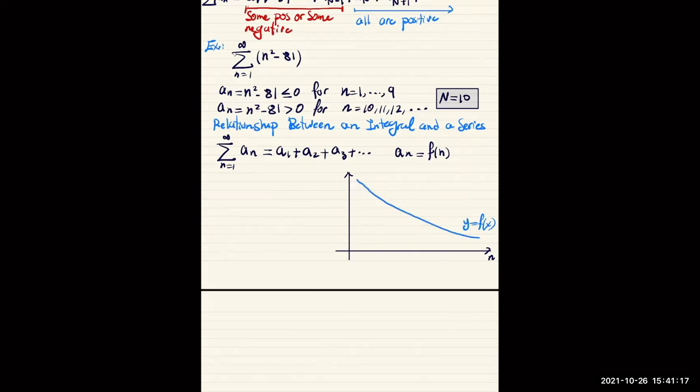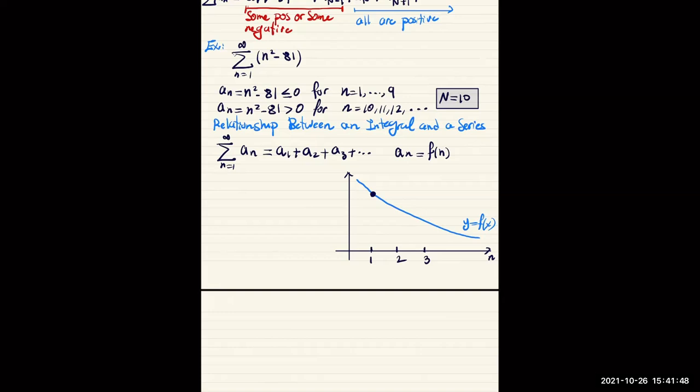Okay. Now, if I plot the terms of the sequence, here is 1, here is 2, 3, and so on. A sub 1 is just a point. Remember that the graph of a sequence is discrete. It's just a bunch of points that we plug in. And we did that when?